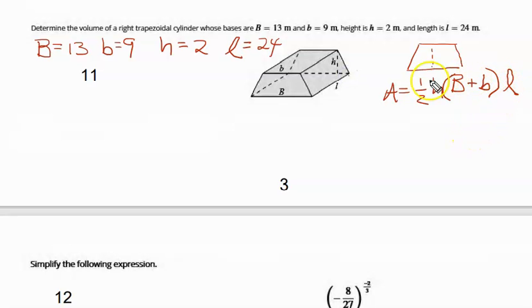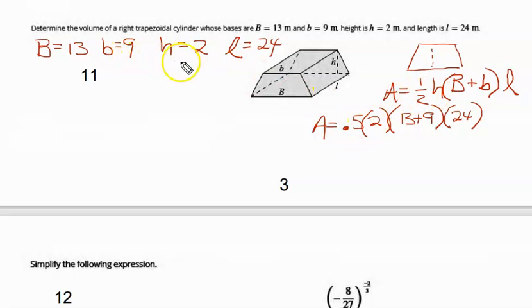Okay, so take this. I've put the values here. See what you can come up with. Now I've converted the 1/2 to 0.5. Our height is 2. So in a sense, 1/2 of 2, this is just going to be a 1 here, times 22, times 24, which I get as 528.